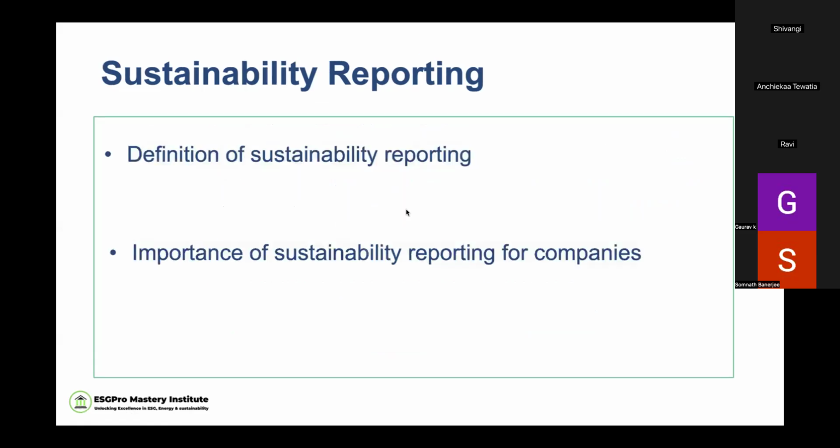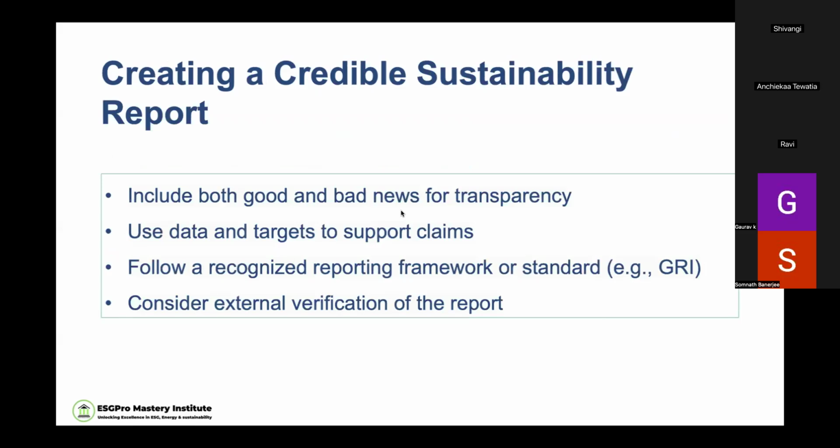Now, the sustainability reporting definition I have already covered, and its importance comes from it being a practice of measuring, disclosing, and being accountable. Always remember these three words, whichever sustainability report you read. And how to make it credible, which is your responsibility when you develop the GHG accounts, by taking the first step I told you a couple of minutes back: include both good and bad news. Then only is your report credible.